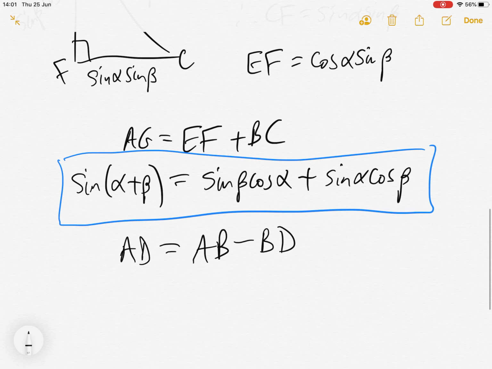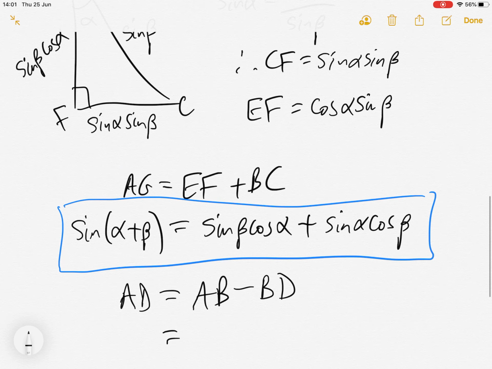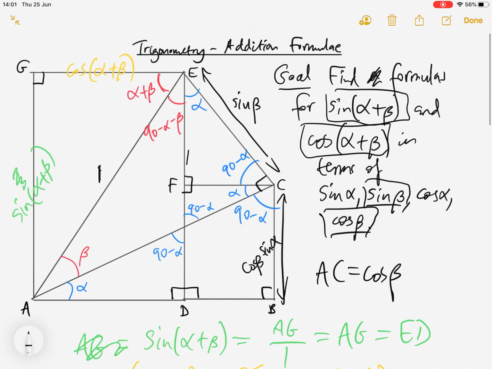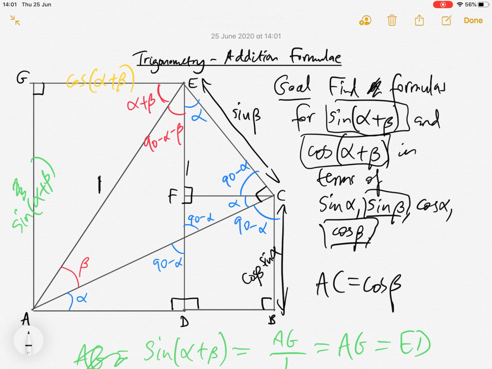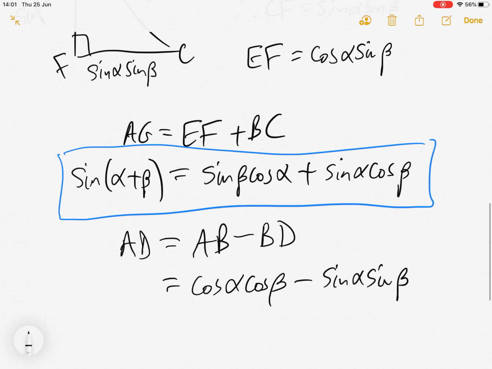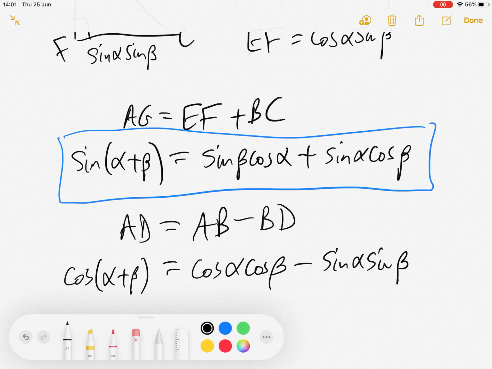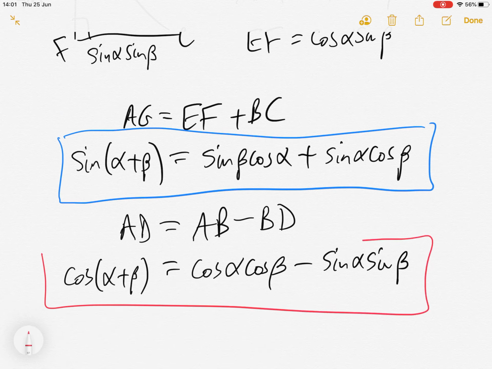And BD, of course, is the same as CF. So this is AB we worked out was cos alpha cos beta, and BD is CF, which is sine alpha sine beta. And then we said at the beginning AD is the same as GE, which is cos of alpha plus beta. And we've got a formula for cos alpha plus beta in terms of the things we wanted.